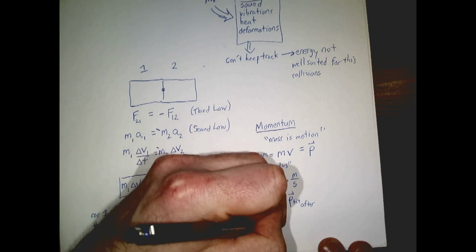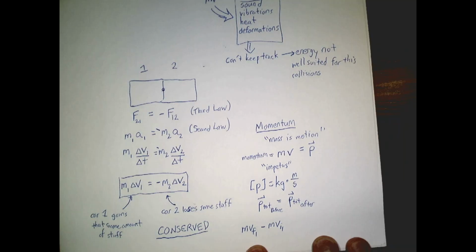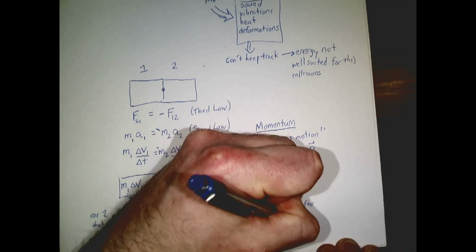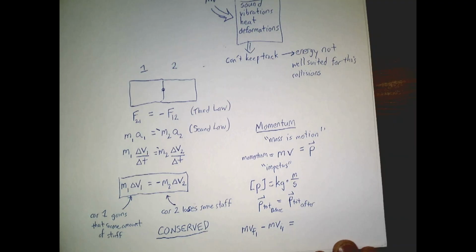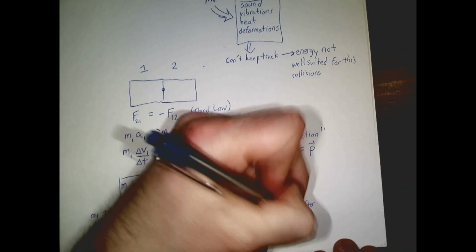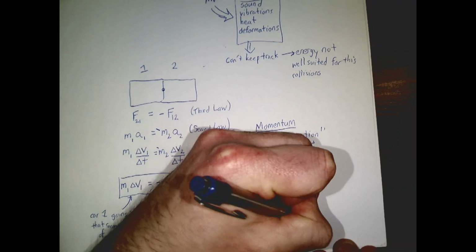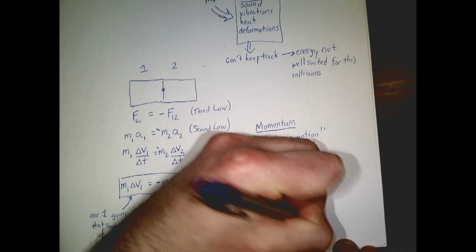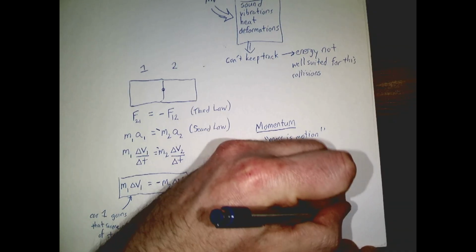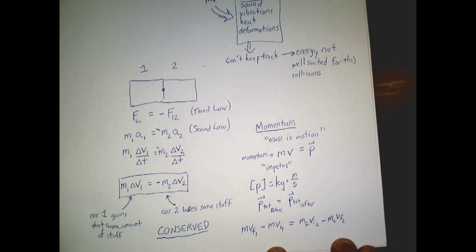So really we're comparing how fast car 1 was going after the collision to how fast it was going before the collision, and we're doing the same thing for the other car, but it gets a negative sign. It's the one that lost its momentum. So we would write m2 v initial 2 minus m2 v final 2, just expanding out those deltas we see over here.